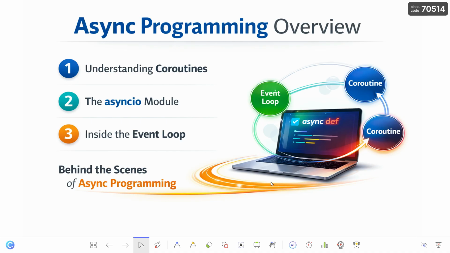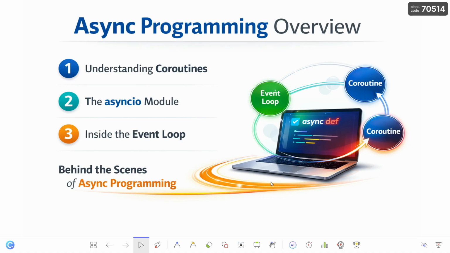So in this tutorial, we are going to explain the architectural principles behind asynchronous programming. We will be explaining more about how Python is implementing this asynchronous programming or coroutine or concurrent programming.